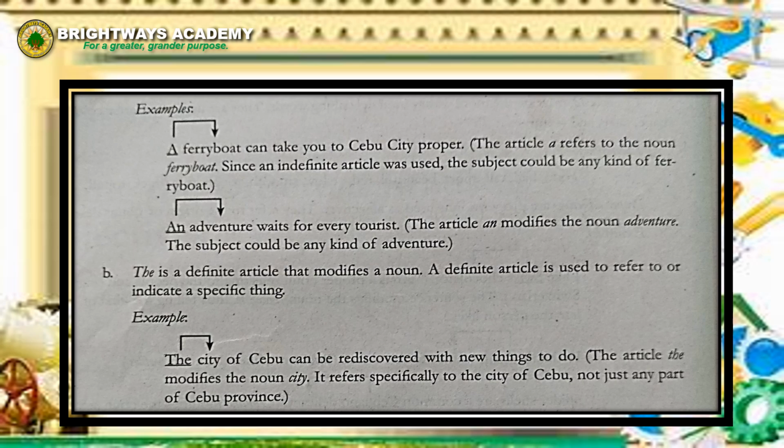Example, the city of Cebu can be rediscovered with new things to do. The article the modifies the noun city. It refers specifically to the city of Cebu, not just any part of Cebu province.